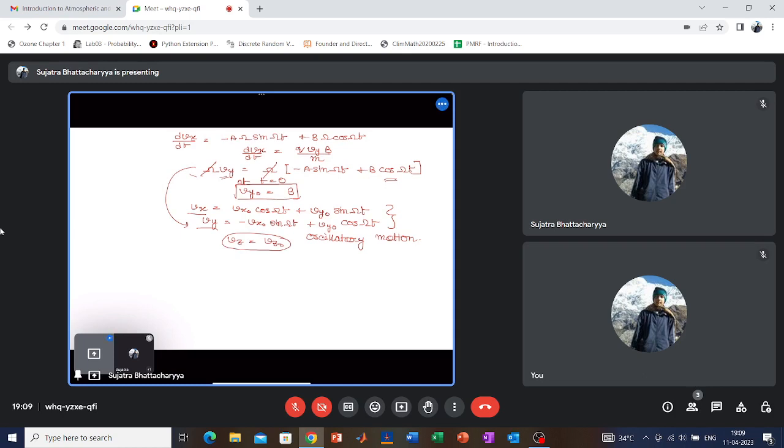Now if I do this thing, that is Vx square plus Vy square, let's do it.